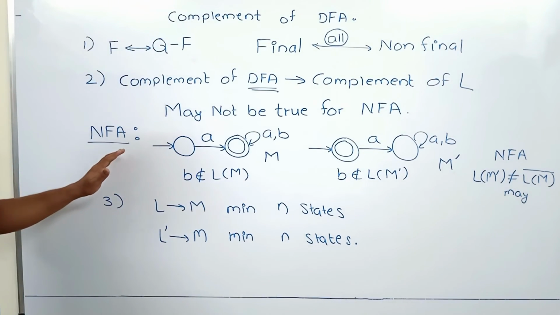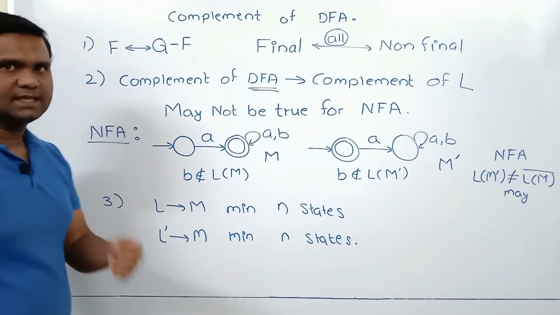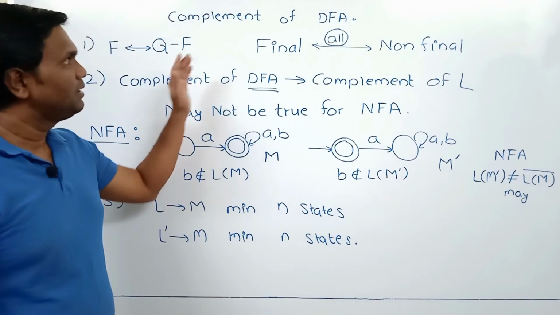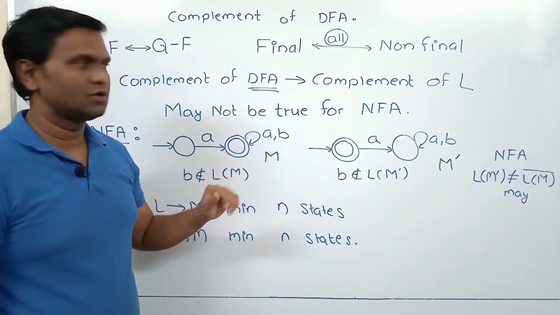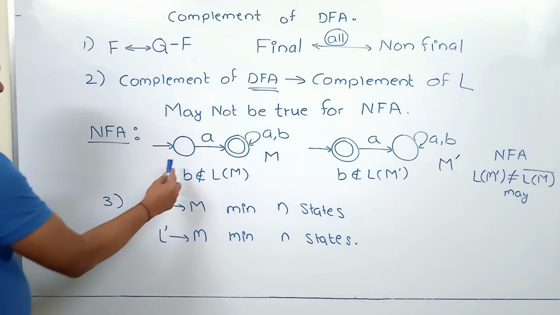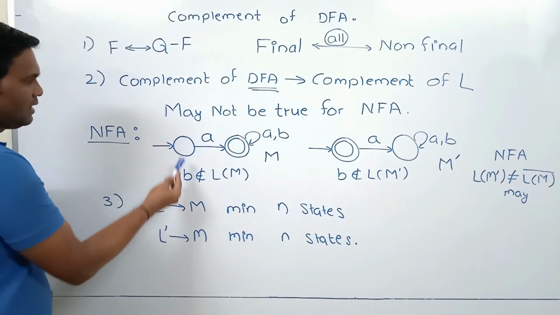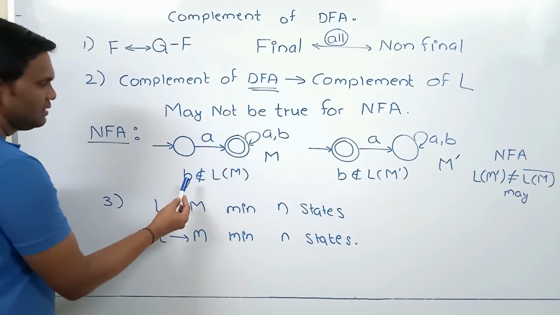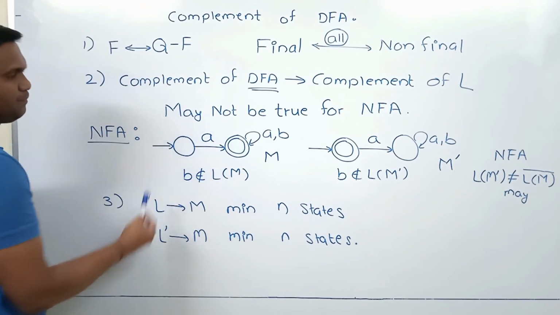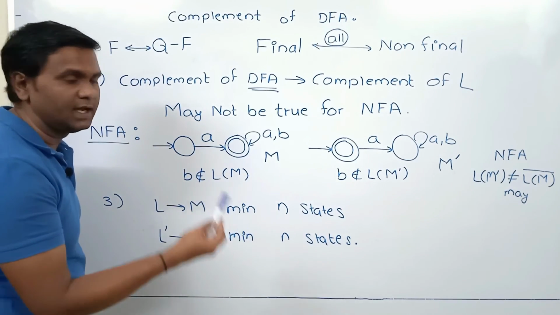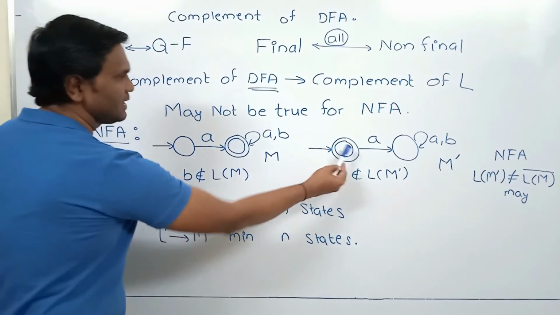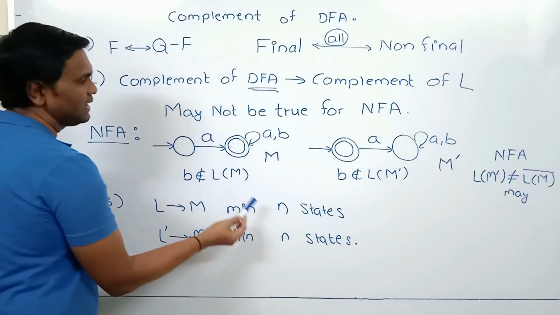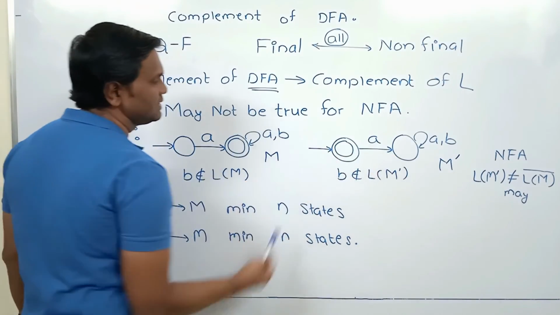So consider this example. This is an NFA. In this lecture series we have not studied NFA, but considering the complement of the DFA, this is important. Now this is an NFA, this is not a DFA. Here we do not have a transition for B. So this NFA rejects string B. If we take the complement of the NFA, here transitions are the same. We just change non-final states to final states and final states to non-final states.